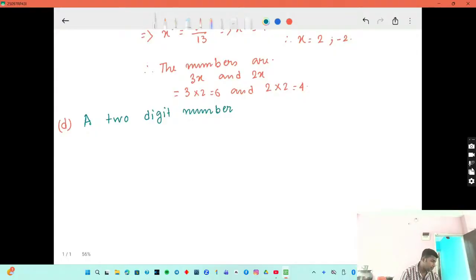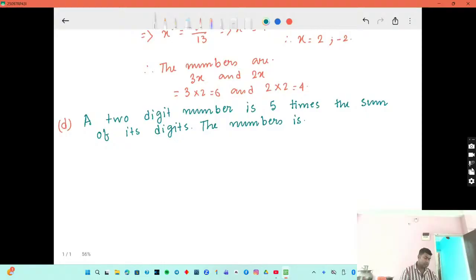A two-digit number is 5 times the sum of its digits. The number is, is it okay?